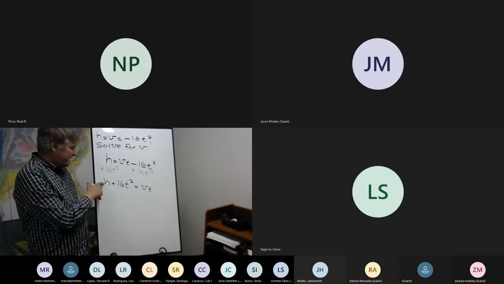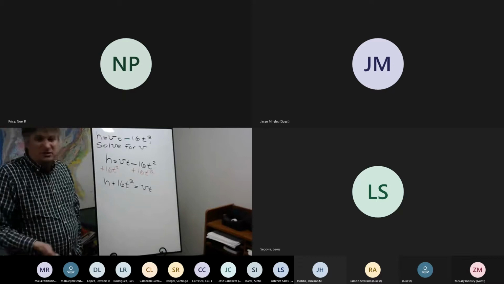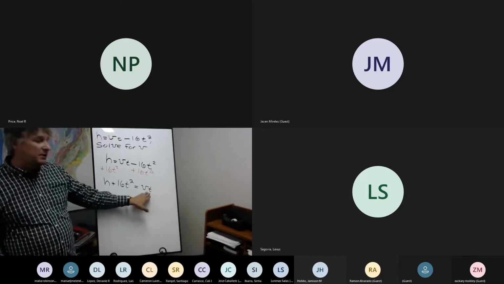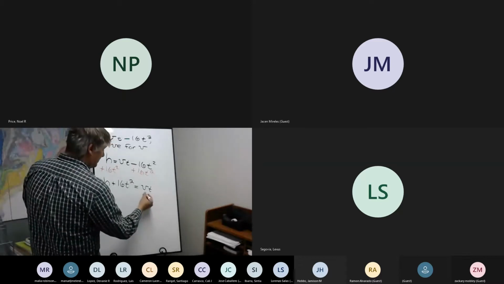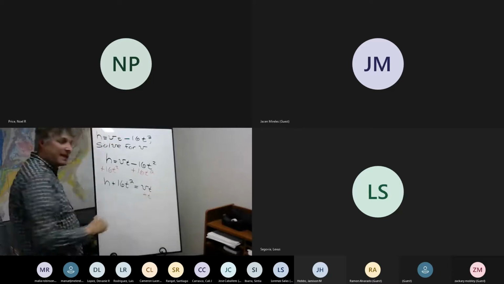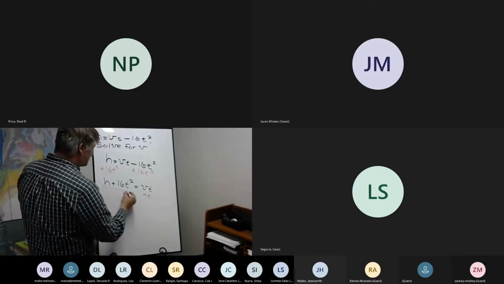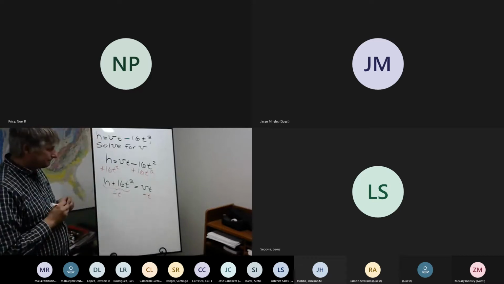Since we don't know what h plus 16t squared becomes, we just leave it. That's totally fine. Finally, we've got to divide off that t, the opposite of multiplying by t. So we divide that side by t. We also divide this entire side by t.